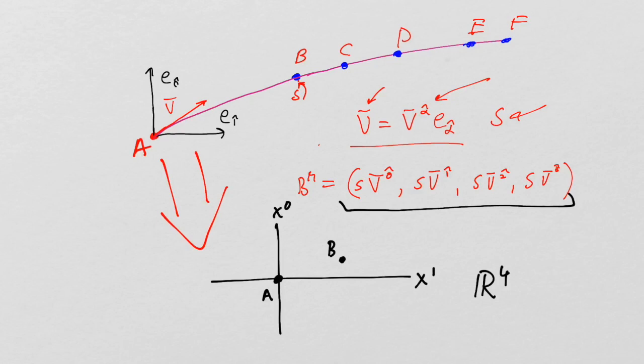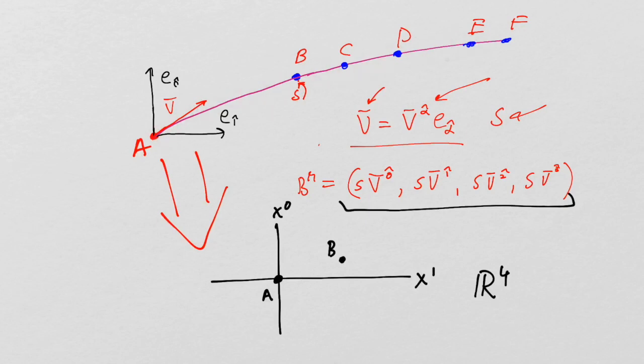Point C is going to be, notice how point C is done. It's the same vector, it's just S is a little farther. So point C is just a different value of S, but these V's are all the same as they were for point B because it's the same geodesic, right?